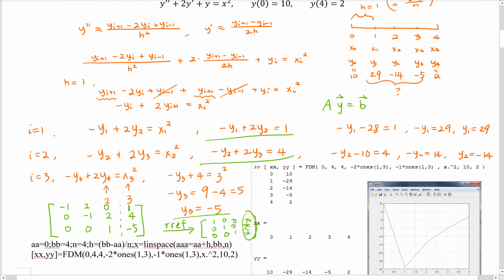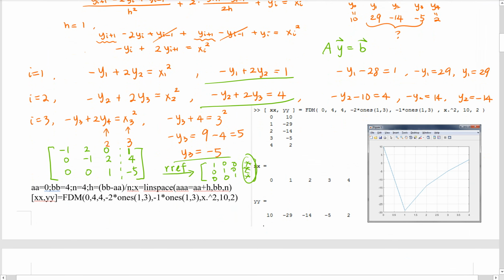So this is the finite difference formula. We can also use MATLAB. These are the syntax for the MATLAB codes. Here, AA is the left endpoint of the interval, and BB is the right endpoint. n is the number of subintervals, h is (b minus a) over n.